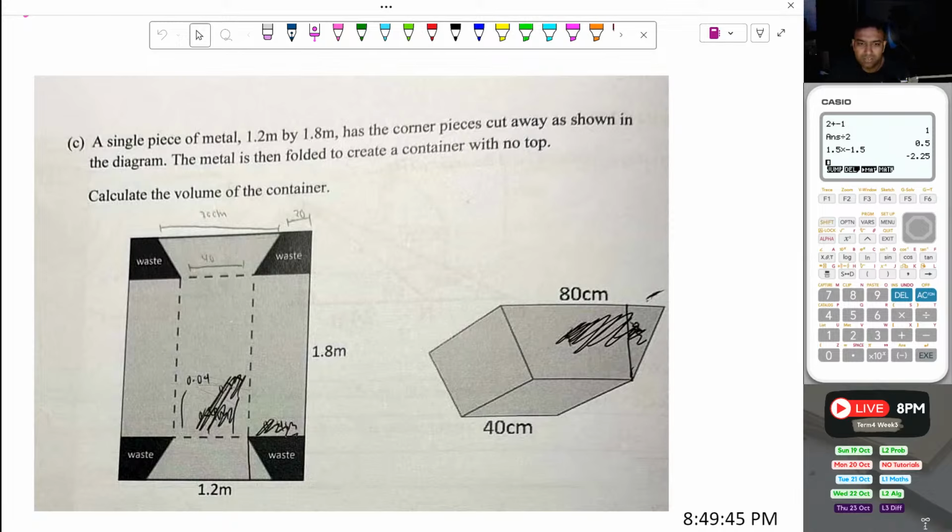Okay. All right. Well, looks like we're going to try and do this question. The question is, how do we do this question?